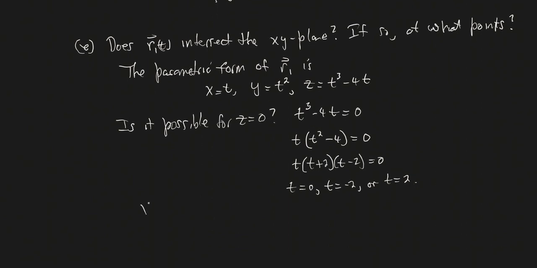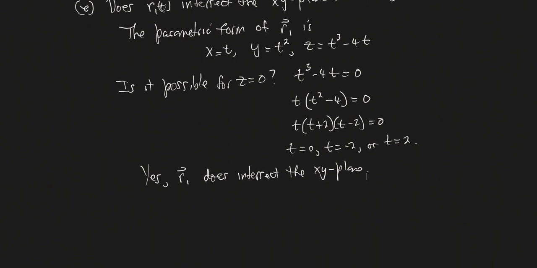So yes, that's answering the first question. R1 does intersect the XY plane. Then let's figure out what the points of intersection are. Let's start with t equals 0.